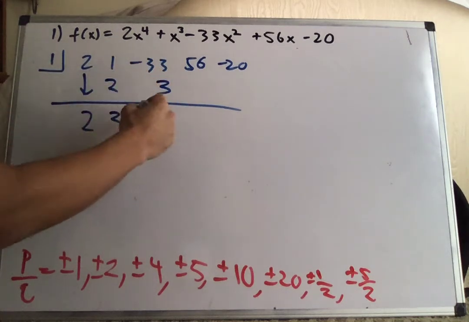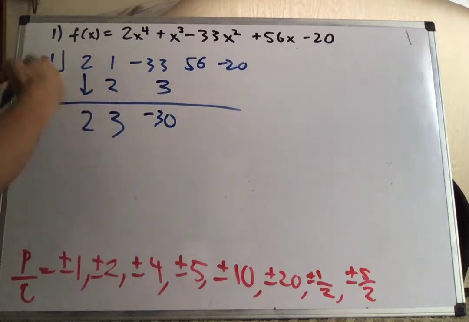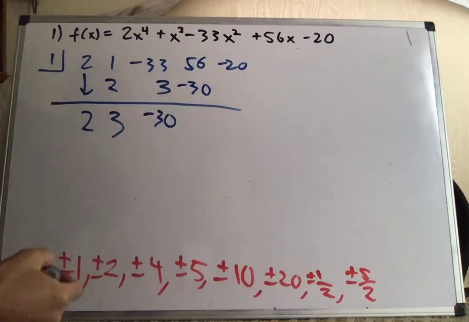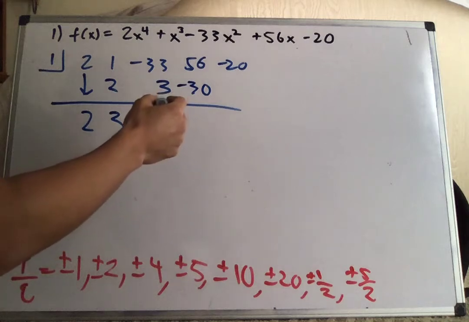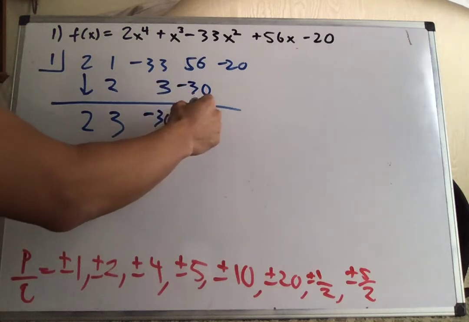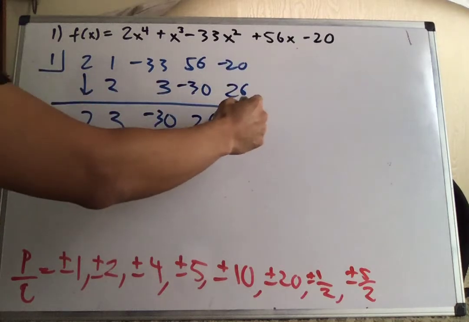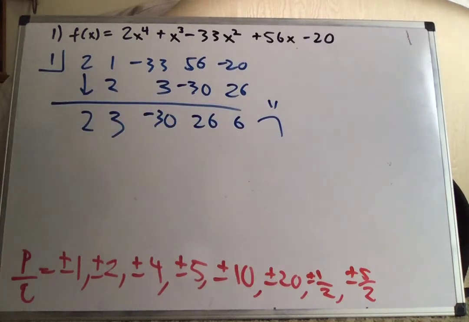Negative 33 plus positive 3 is negative 30. Negative 30 times 1 is negative 30. So negative 30 plus 56 is 26. 26 times 1 is 26, and negative 20 plus 26 is 6. So that did not work. 1's out.